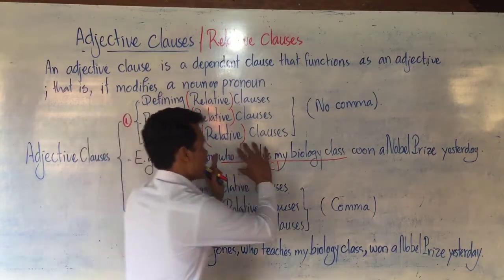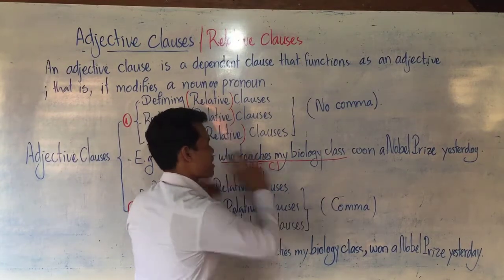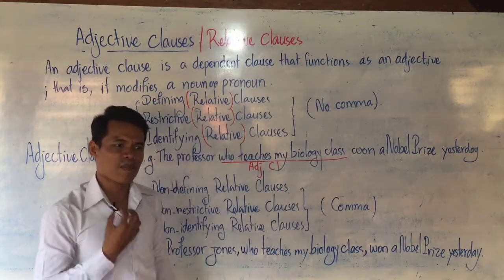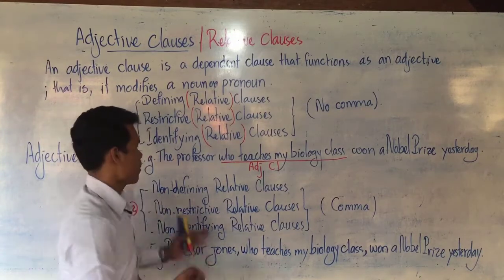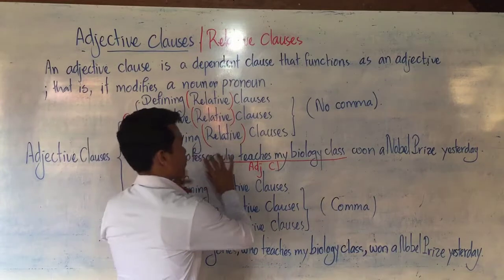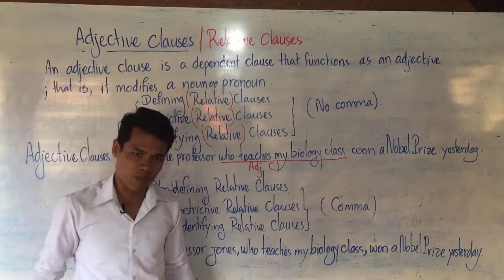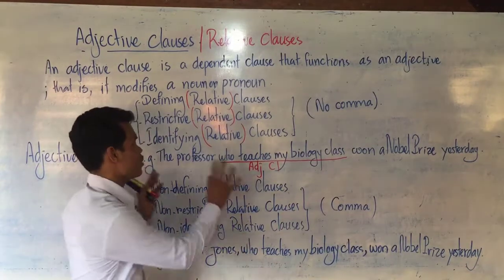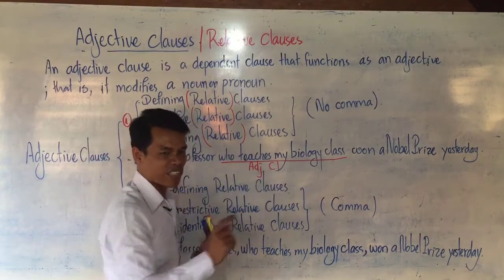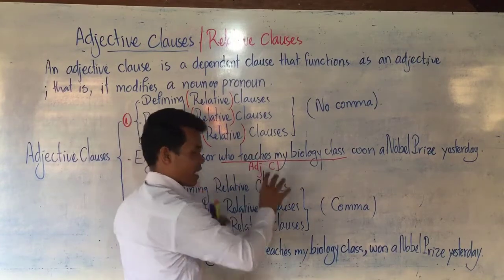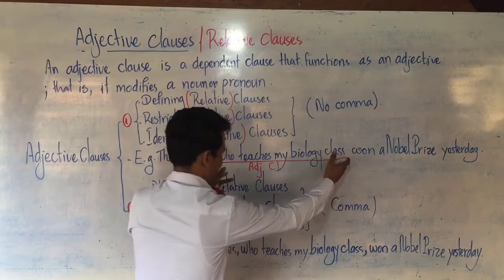If you delete this clause, you don't understand the whole sentence clearly. For example, when you say the professor won the Nobel Prize yesterday, which professor? Because we have a lot of professors. Then when you add the adjective clause, it is extra information which is really important to the meaning of the sentence.